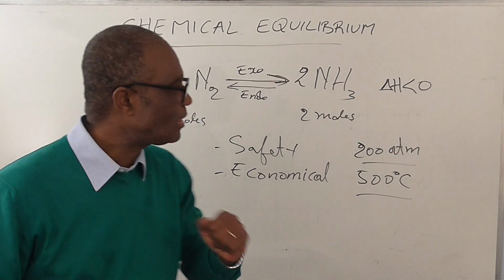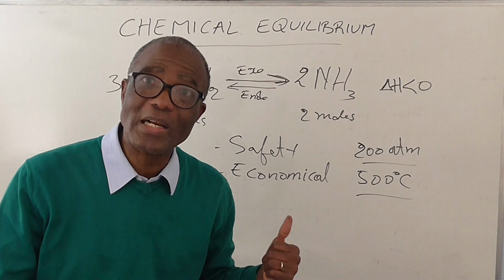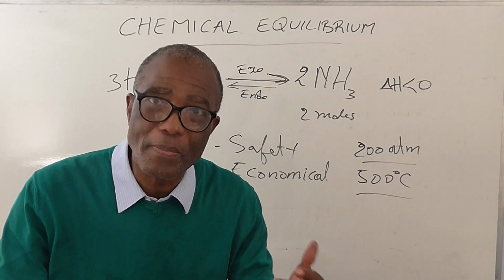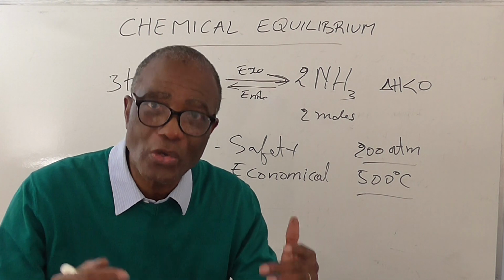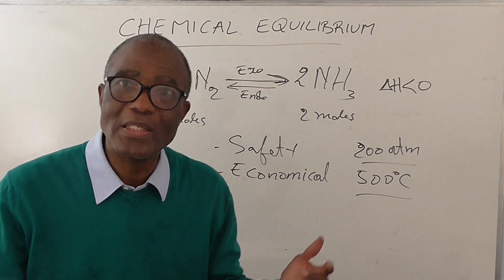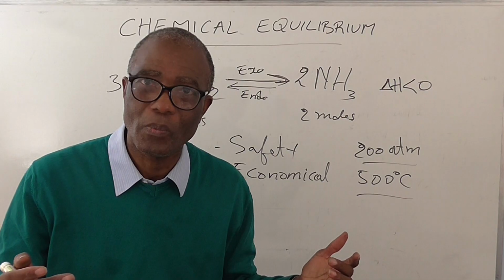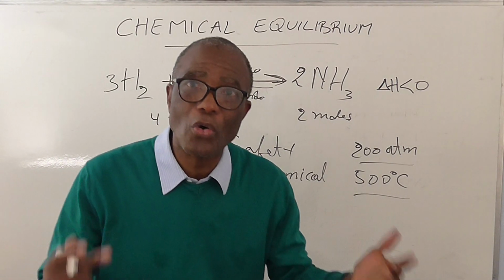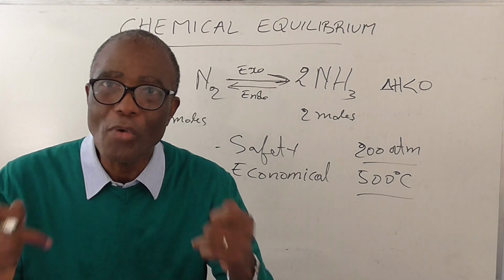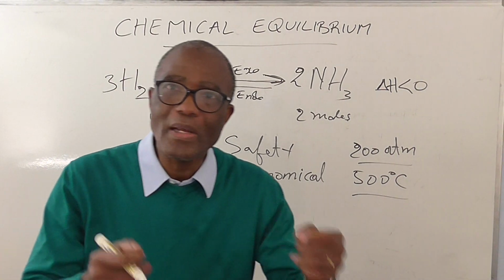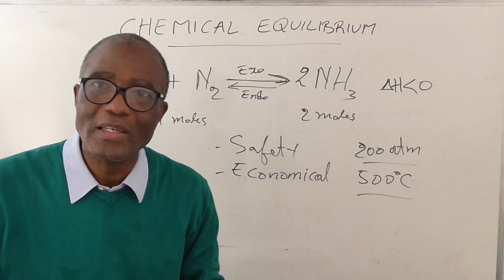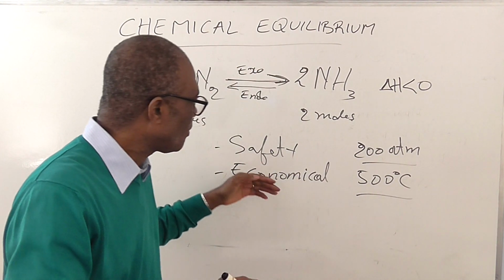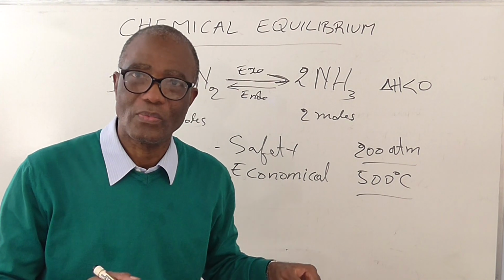But there is a risk, the safety risk, explosion of pipes, explosion of the factory. This is a risk. There is also an economical problem. Money to build and to maintain the factory operating with high pressure.